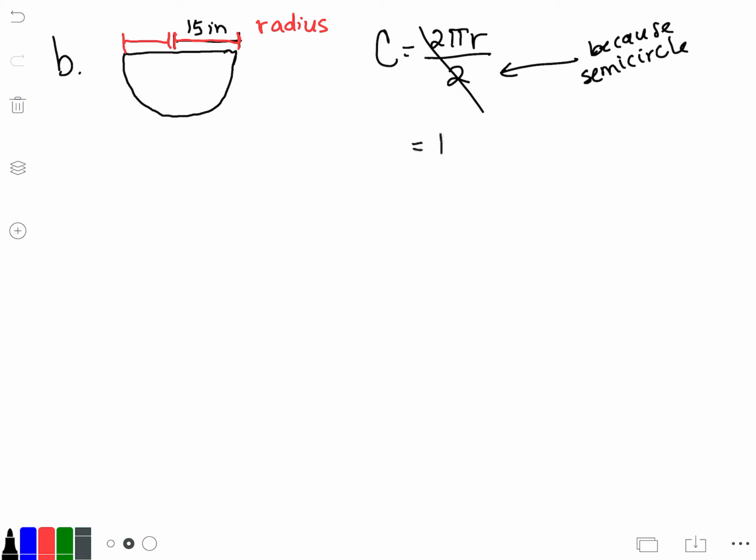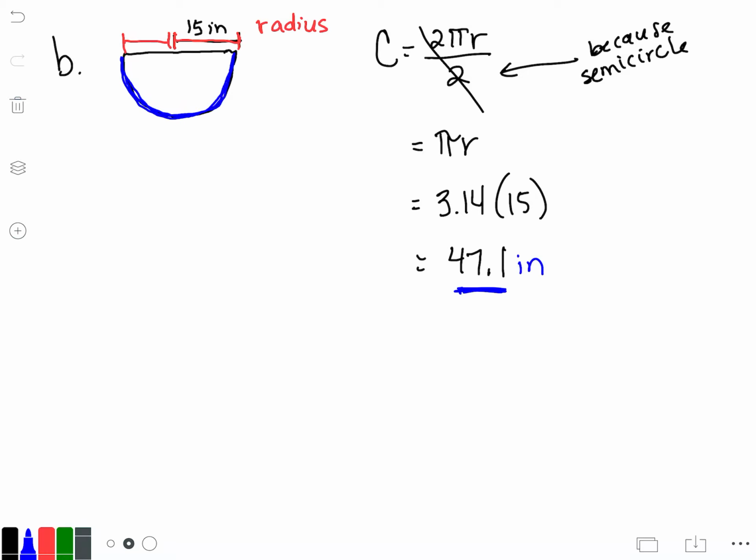So really, we can just use pi r to find our answer. So we've got 3.14 times 15, and I need a calculator. Times 15. This gives us 47.1. Now that length, of course this is inches, is just the curved part of our semicircle.